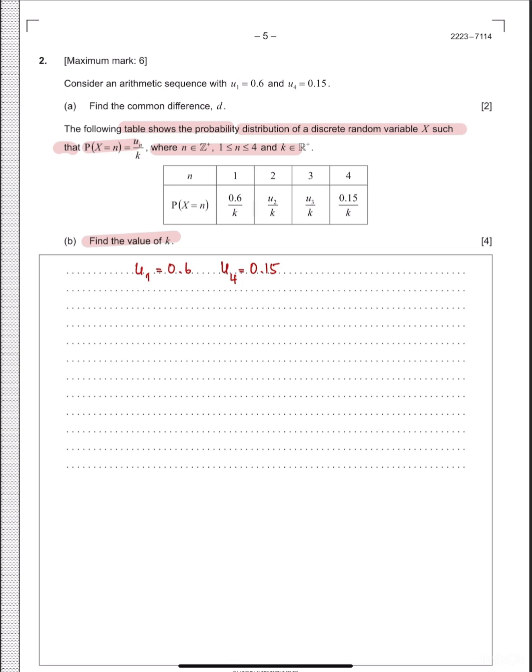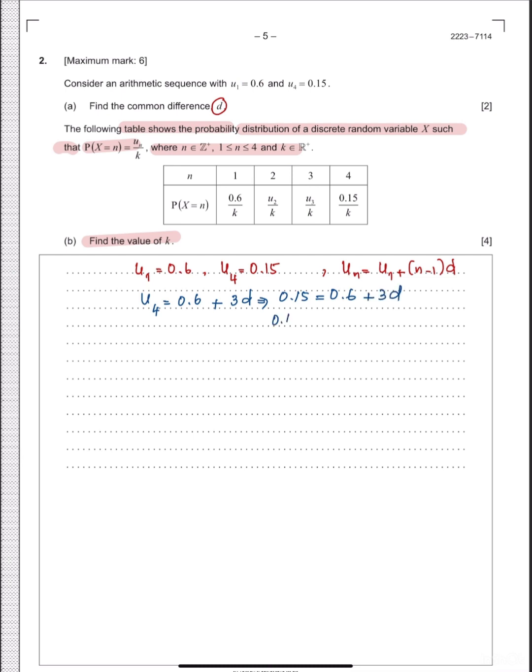After that, they just want you to find the common difference. To find the common difference, you have to know the formula for u4. For an arithmetic sequence, the general term is un equal to u1 plus n minus 1 times d. So u4 equals 0.6 plus 3d, which means 0.15 equals 0.6 plus 3d.